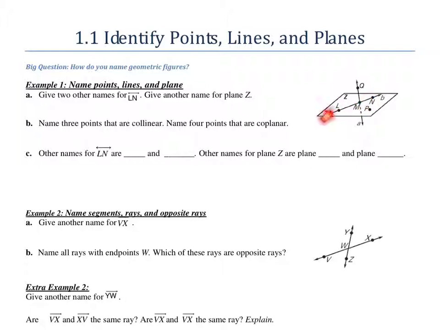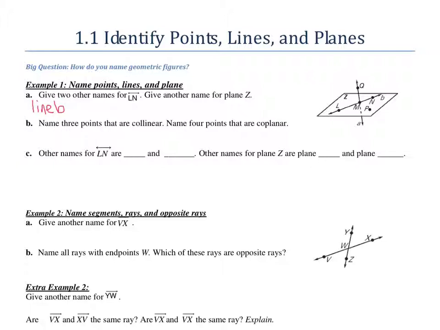Or, since this goes through M and N, I could do line MN or line NM. Or, see this lowercase b right here? It's not a point, it's just a lowercase letter, so that's labeling this line. If I want to use that lowercase b, what I need to do is write the word line b.